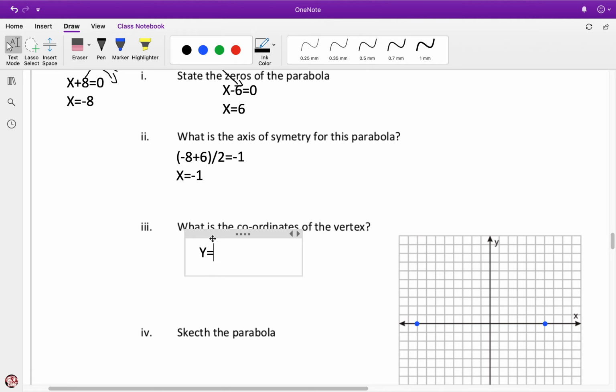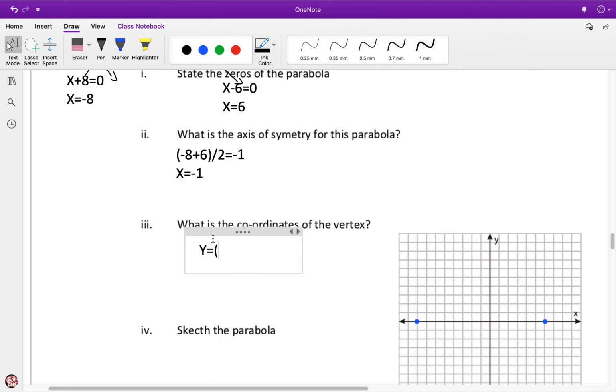So, that's bracket x plus 8, bracket x minus 6. And then I'm going to plug in my number of -1. So it's -1 plus 8, -1 minus 6.